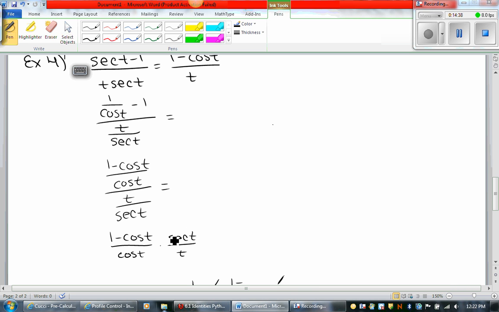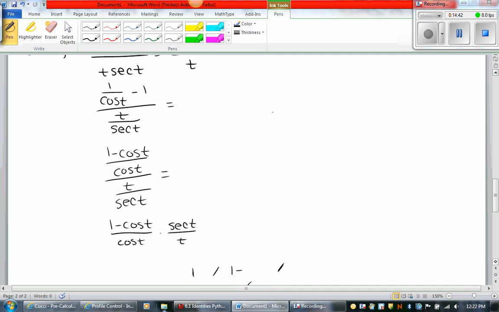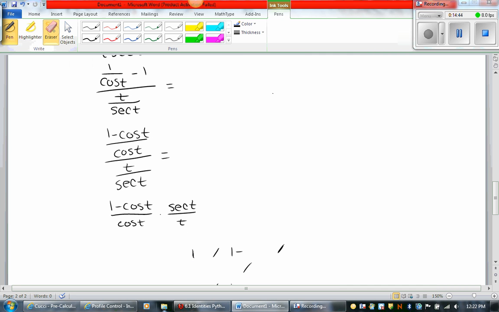Now, we do have a little bit of an issue here because we're dealing with secant. We don't want to be dealing with secant. We should have taken that and made it 1 over cosine. But we can do that from here too, so it's okay. So 1 minus cosine of t over cosine of t times 1 over cosine of t over t. And again, that's a complex fraction.